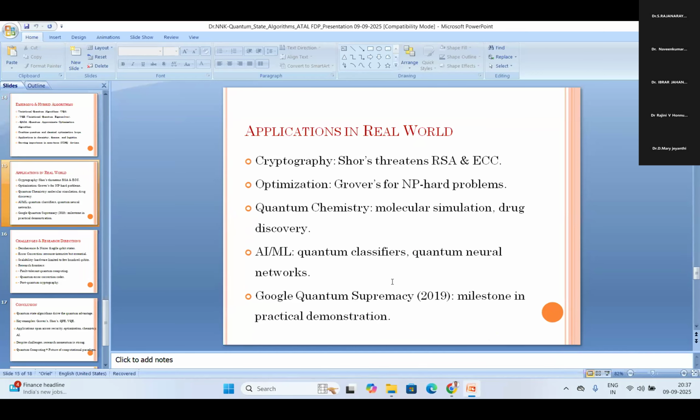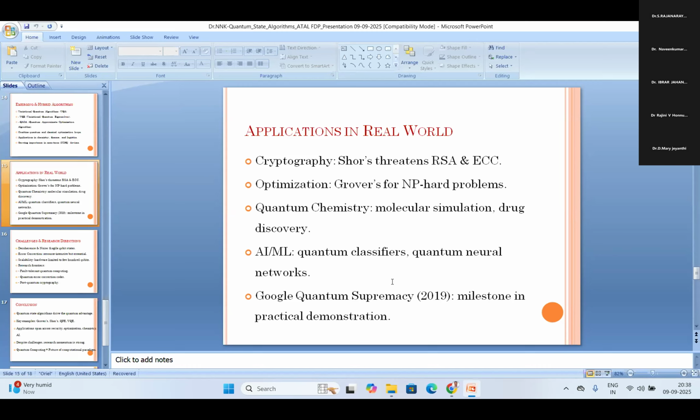Yeah. And then cryptography threatens RSA and AES; optimization, Grover's for NP-hard problems; quantum chemistry, molecular simulation, drug discovery. So AI/ML as well, with applications like quantum classifiers and quantum neural networks. You all know how the backend of ChatGPT and Perplexity functions and how it is trained.